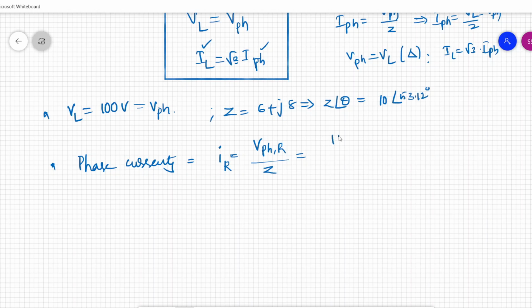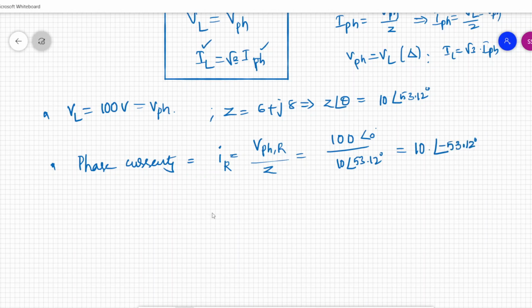Here line voltage and phase voltage are the same, and voltage has no angle. So the phase current will be 10 at an angle of minus 53.12 degrees.